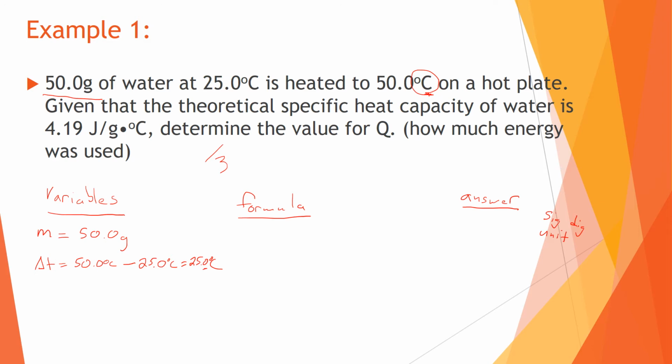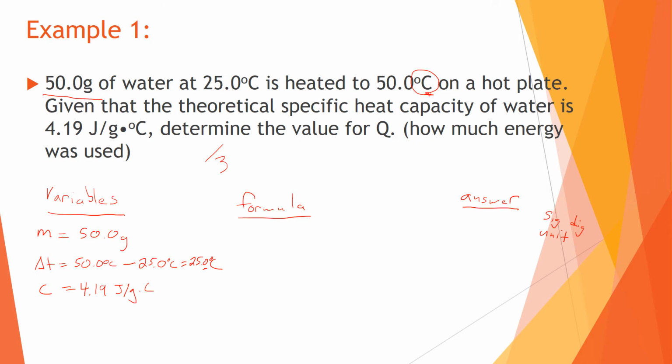Now, C is my specific heat capacity, and this is water. Sometimes they won't tell you explicitly in the question, but we know that water's specific heat capacity is 4.19 joules per gram degree Celsius.